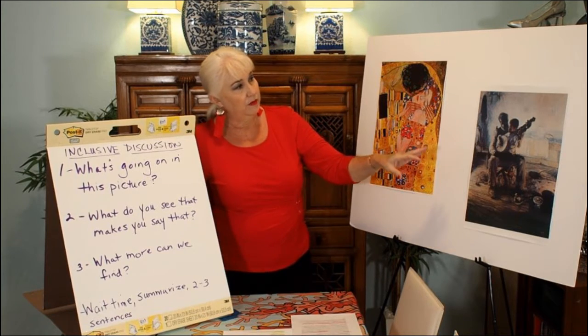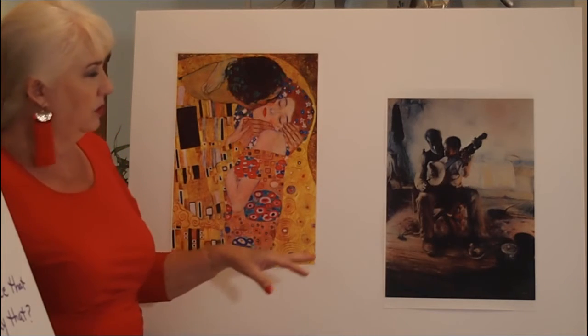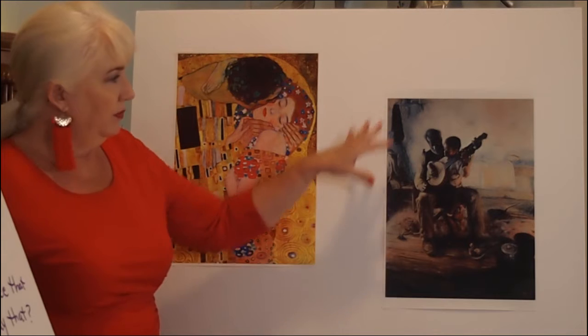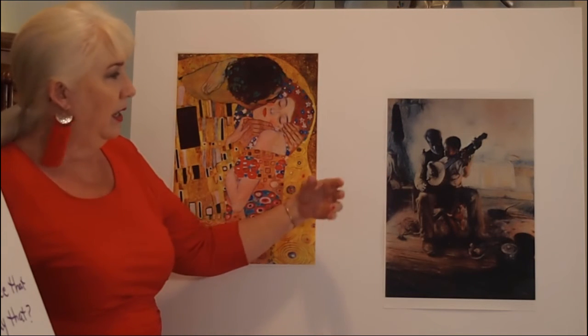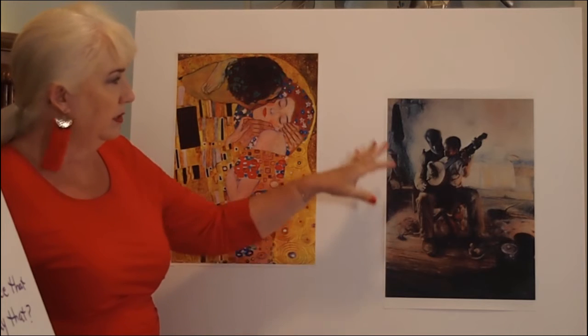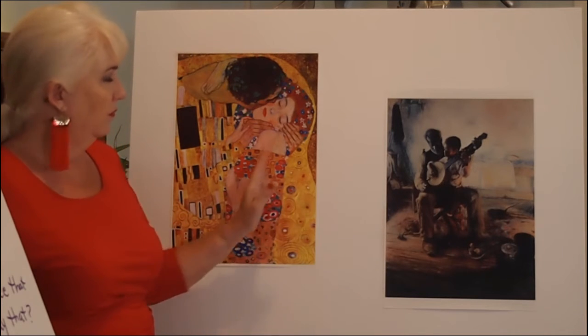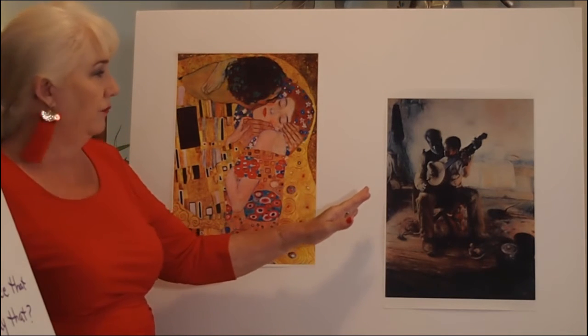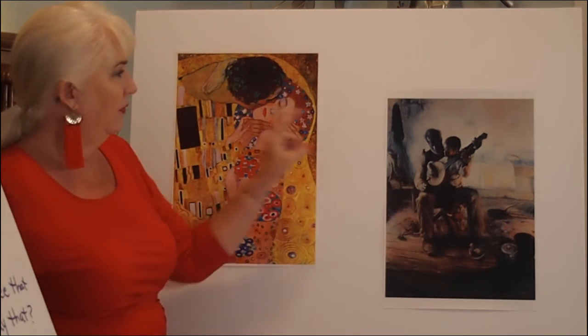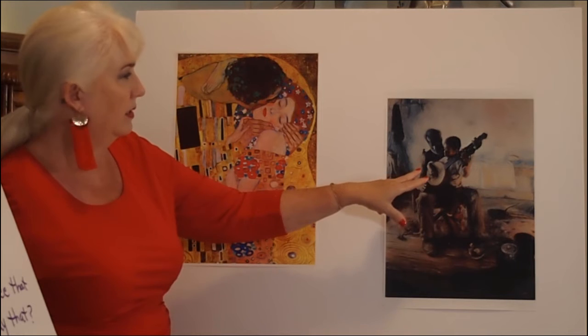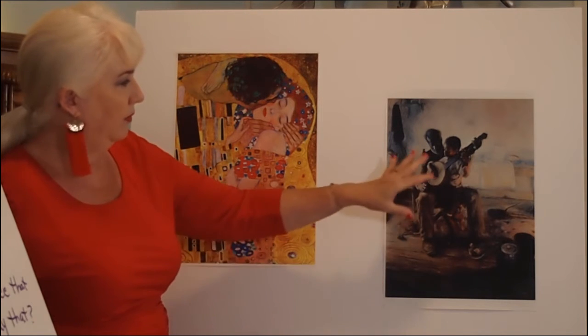So the second piece that I put up with this to contrast is The Banjo Lesson. And we would go through the same process. What do you see? Why are you saying that? And what more can we find? And this is a really interesting painting because, especially if you're comparing and contrasting the two, the color is different. This is two people in a very different close embrace. And it's very thoughtful.